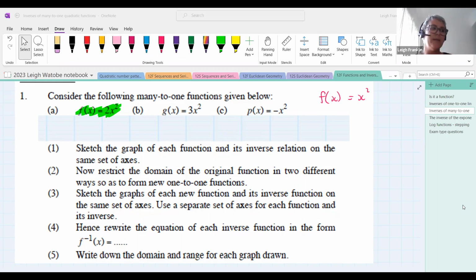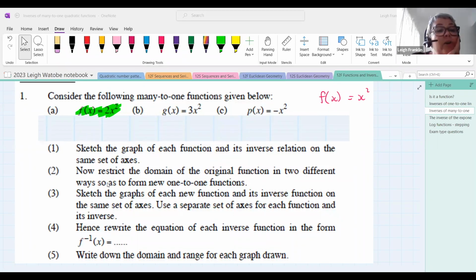Or if I say x squared minus 9, I've kept the shape of the parabola, but I've moved it down 9 units. So if I have a plus or a minus at the end, then I've either moved it up or down. But the coefficient of x squared changes the gradient of the arms, either to make them more steep or less steep. All right, everybody happy with that?